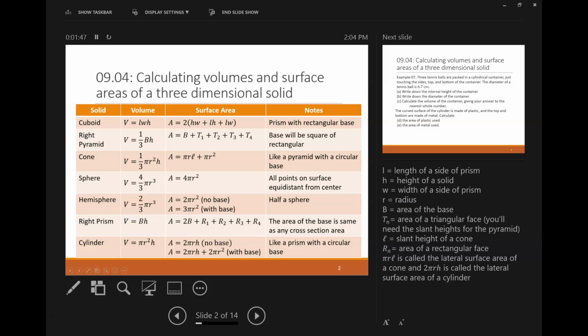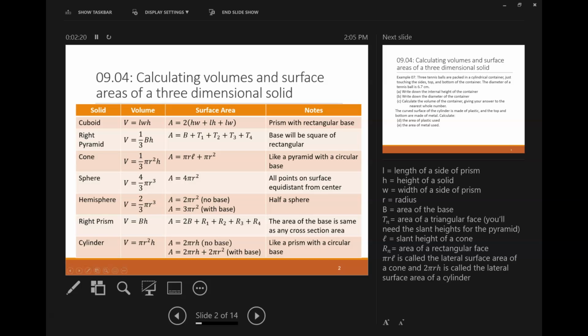So the surface area formula is the area of the base plus T1, T2, T3, T4, etc. What are these T's representing? So the figure is a right pyramid.